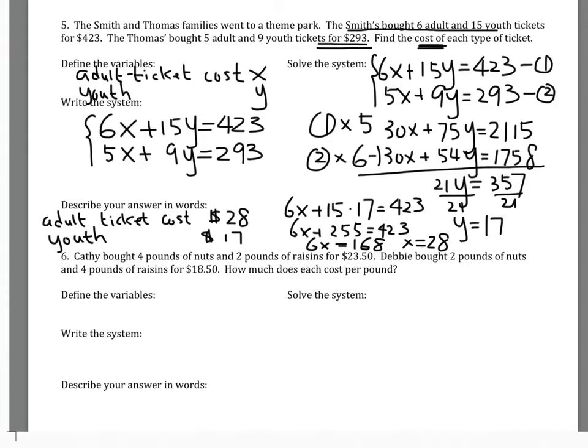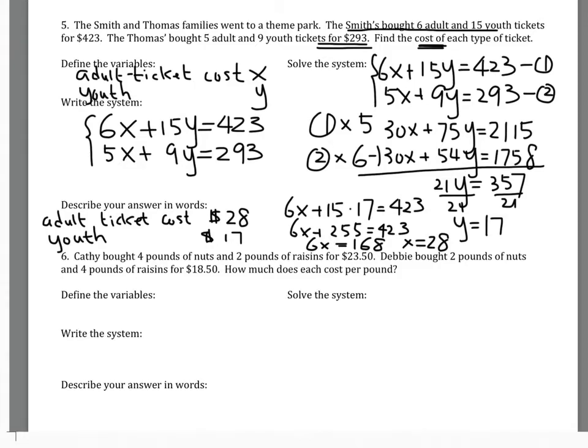So how do I eliminate the variables? As I see, 6x, 5x, what's the least common multiple? So I know I have to multiply my first equation by 5, and then the second equation by 6, in order for me to have the least common multiple, 30.